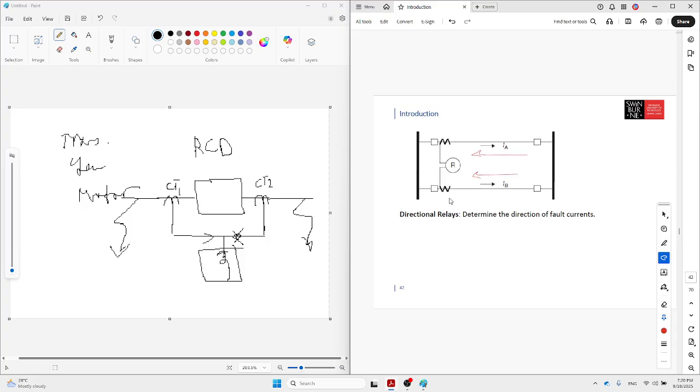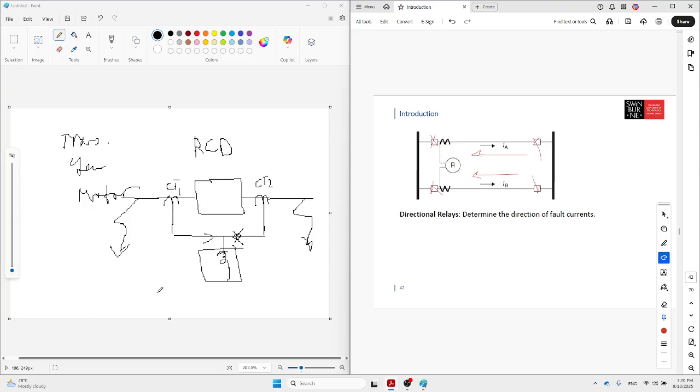In this relay, if the current or flow of power changes, the relay sends an order to the circuit breaker and at the same time 1, 2, 3, 4 will operate and the whole transmission system becomes off. Neutralize the fault.